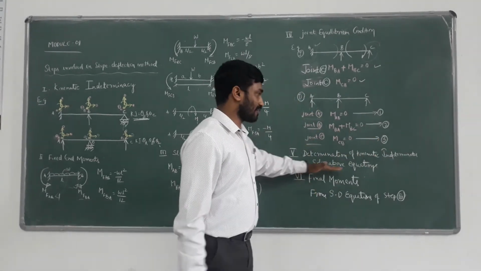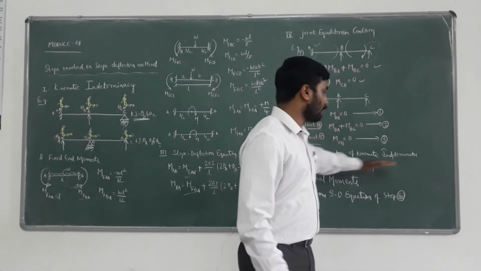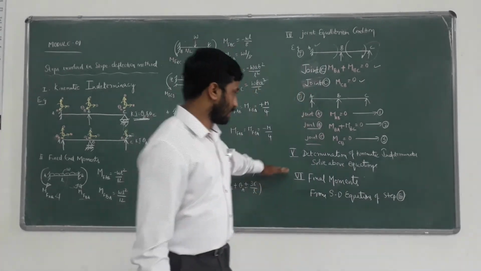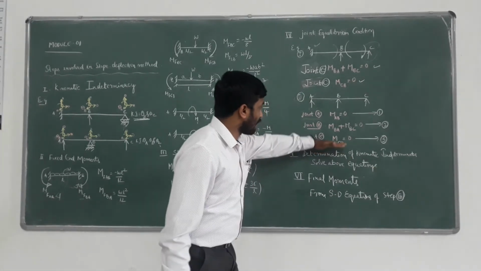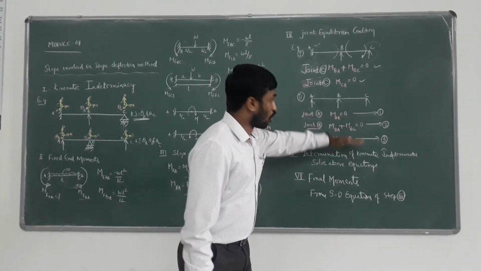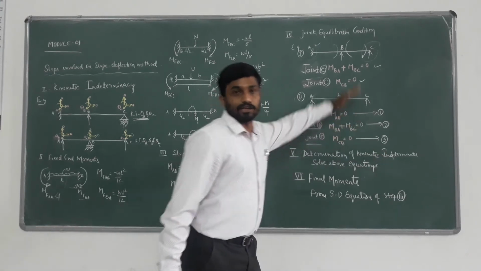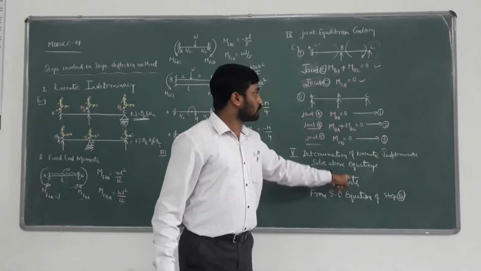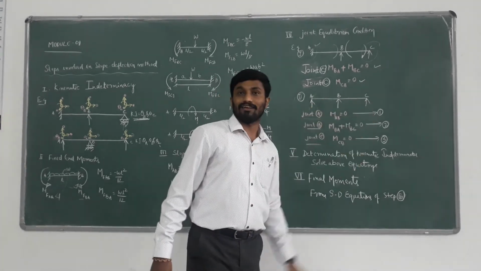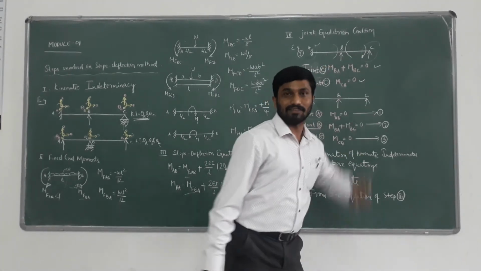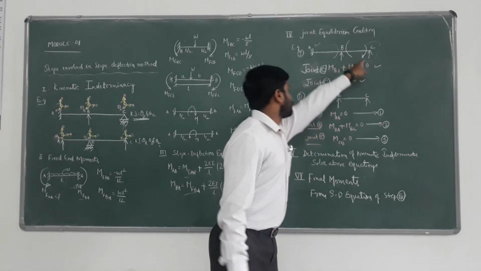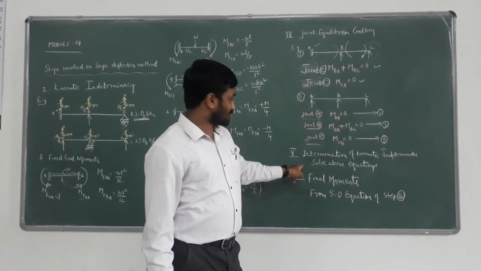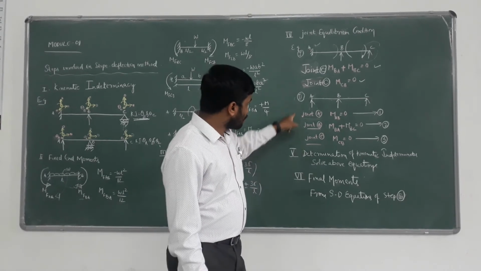In the next step, determination of kinematic indeterminates, we solve the simultaneous equations, equations 1 and 2, 2 and 3. So you get the unknowns: here theta A, theta B, theta C; here theta B, theta C. We get these by solving the joint equilibrium conditions.